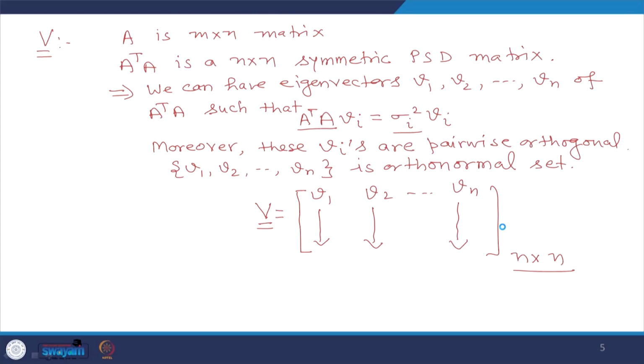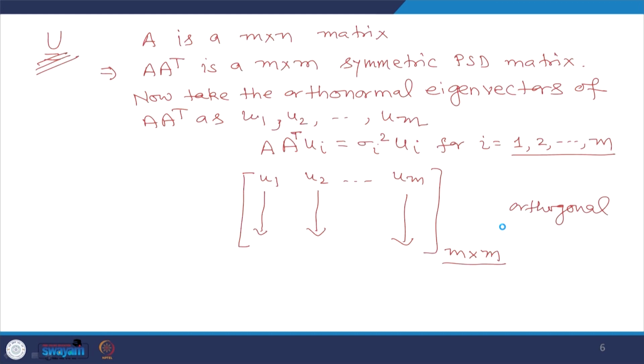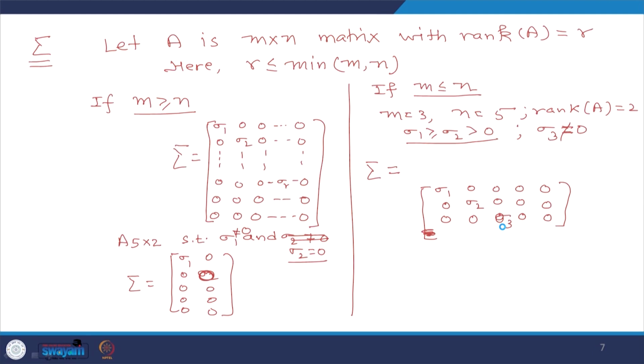So, V comes from the orthogonal eigenvectors of A transpose A. The matrix U comes from the orthogonal eigenvectors of A into A transpose, and sigma, that is the singular matrix, we write from the eigenvalues of A into A transpose or A transpose into A, and in that way the singular value decomposition of A is U sigma V transpose.